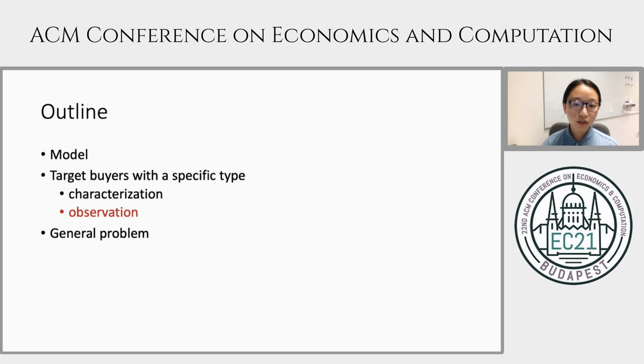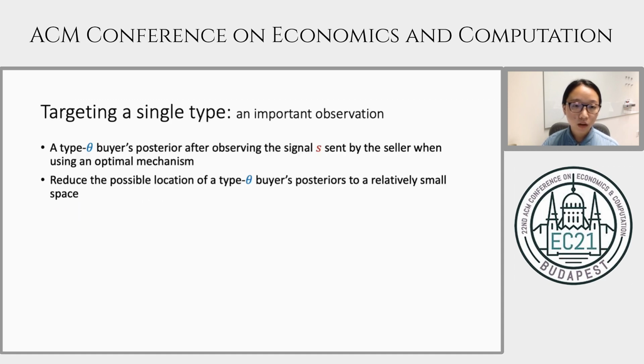So now we know that finding the optimal mechanism is basically finding the concave closure of a function that's a product of two components. But computing this concave closure may not be easy. So we give an important observation that will help us solve the optimal mechanism.